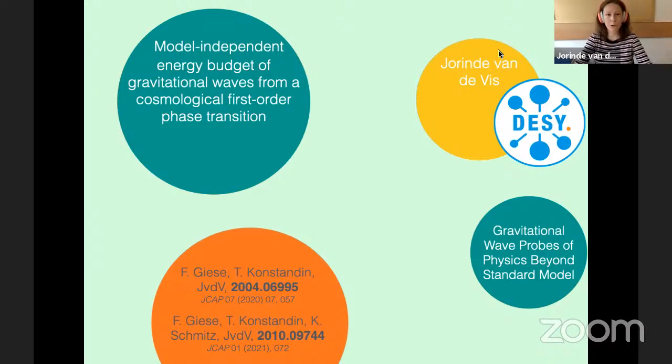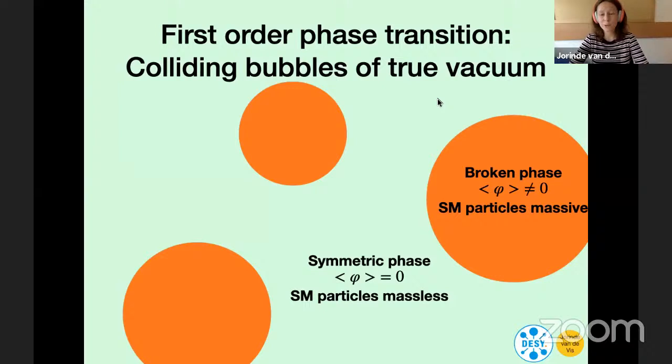So I'm going to talk about one computational aspect of the prediction of the gravitational wave signal. This is work that I did in collaboration with Felix Giese, Thomas Konstandin, and Guy Schmitz. Let me get started. As almost all of the talks today, I'm talking about first order phase transitions, which could be the electroweak phase transition or another kind of first order phase transition, which gives rise to the formation and the collision of bubbles.